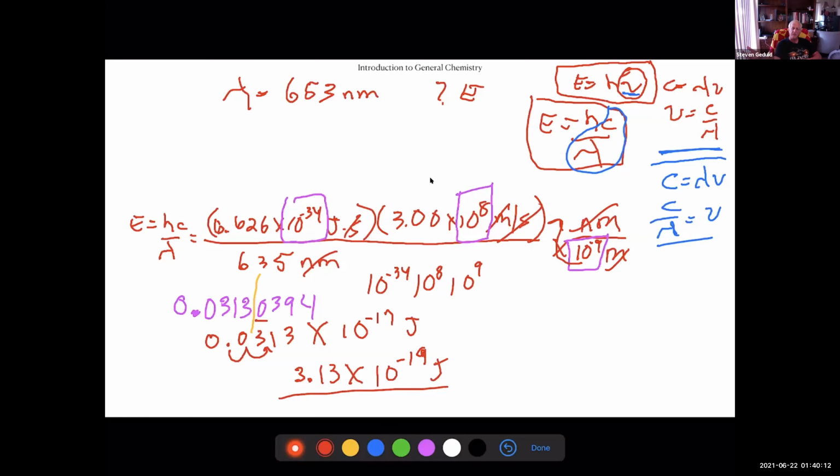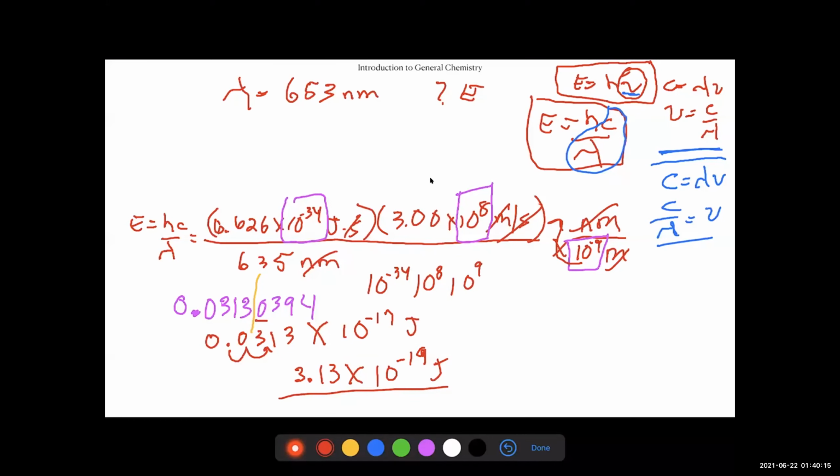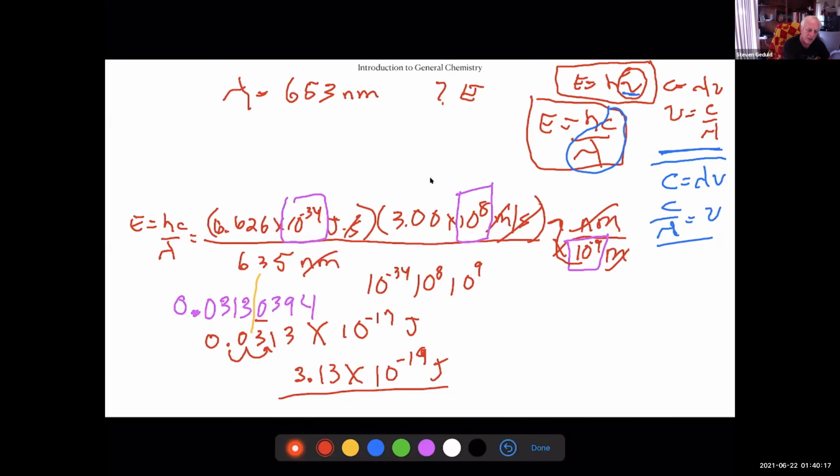If I give you the wavelength, you give me energy. I guarantee you'll see one of these on a midterm. You got to convert your wavelength, substitute frequency, and then convert that into joules. That makes sense? Those are the calculations with energy and frequency. That's it. That's what you need to know for wavelength and frequency.